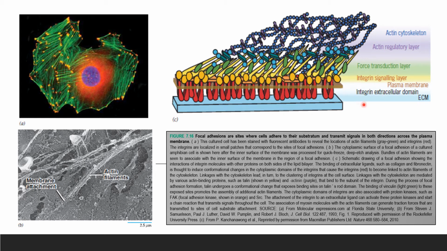Here you have the ECM, the integrins, and then the plasma membrane. Outside the plasma membrane you will see the integrin signaling layer, then the force transduction layer, then the actin regulatory layer, and then the actin cytoskeleton. Again, basically they have these layers, and they don't really mix up with each other.